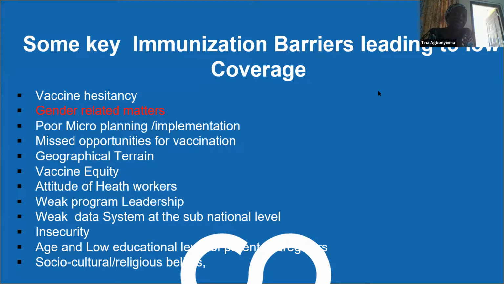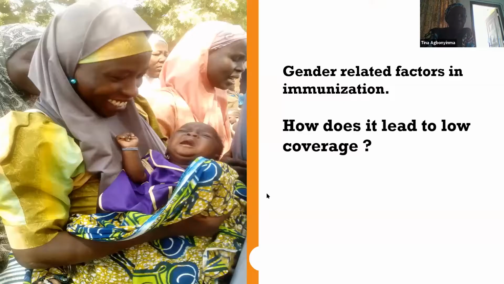We have vaccine hesitancy, gender-related matters, poor micro-planning and implementation, missed opportunities for vaccination, geographical terrain, vaccine equity, attitude of health workers, weak program leadership, a weak data system, insecurity, age and low educational status of the parents, and then we have, I can't really scroll down, social, cultural, and religious barriers. Can you scroll up a bit?